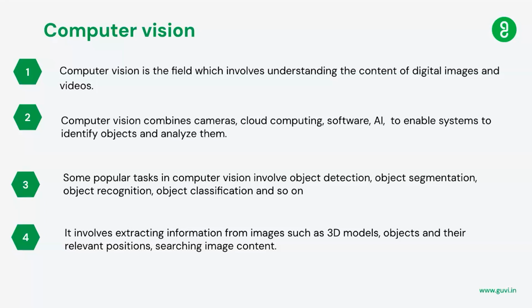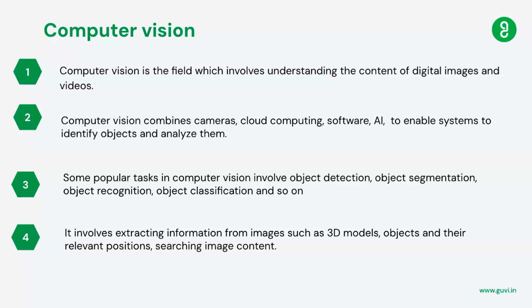So some of the popular tasks we have already seen earlier: object detection, object recognition, object classification. There's a lot of difference between these tasks. Object recognition would just focus on identifying whether a particular object is available in a video stream or an image, while the object classification task involves not just saying whether an object is present or not, but it also tries to identify what the different objects present in a particular image or video are.